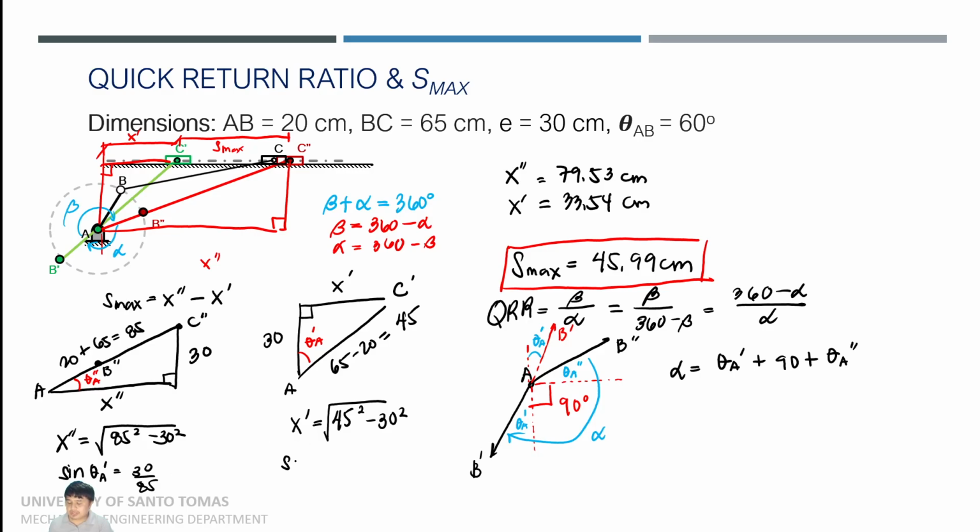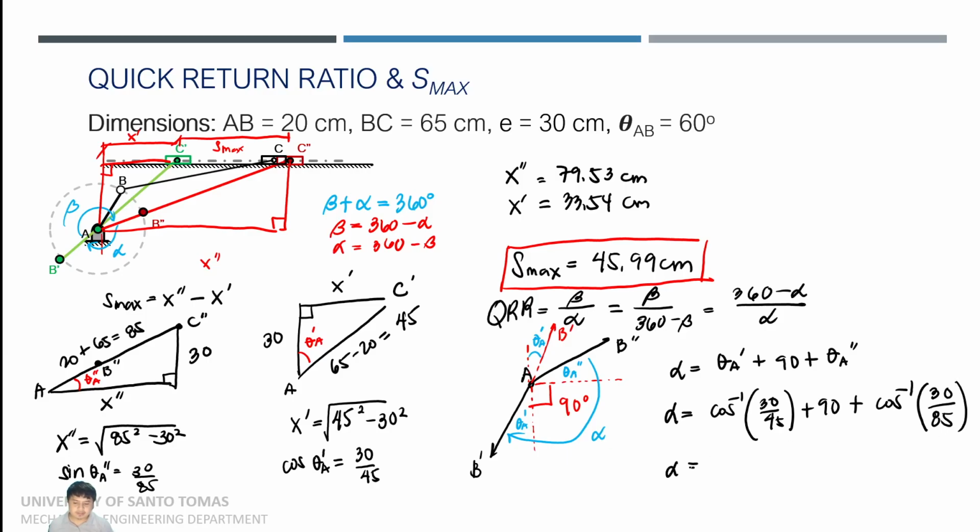And then for this one, you have cosine theta A double prime equal to 30 over 45. So, rewriting this again, alpha is inverse cosine of 30 over 45 plus 90 plus inverse cosine of 30 over 85.